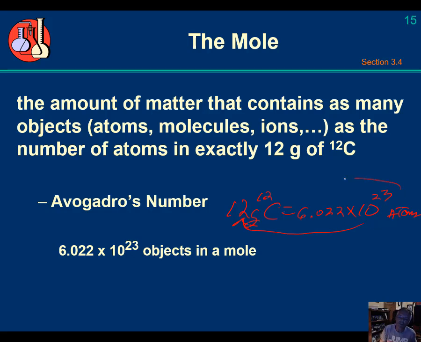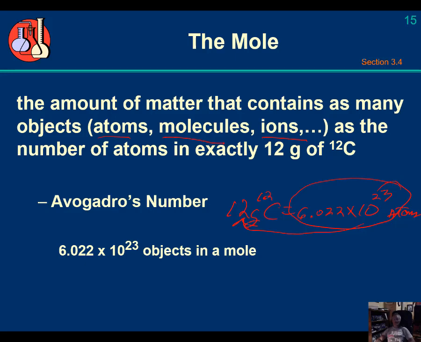But we can use this number to describe atoms, molecules, ions, anything that we want. It's just not very useful for anything other than these tiny, tiny particles. That's Avogadro's number. You need to know it. I'll say it one more time, 6.022 times 10 to the 23rd objects in a mole.